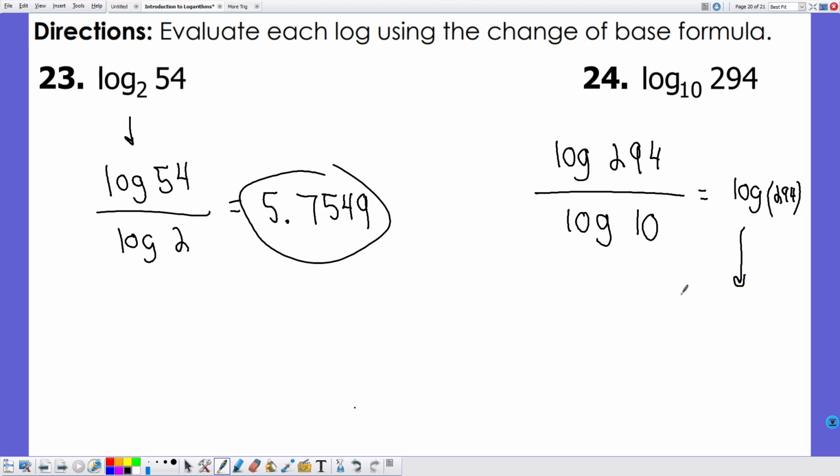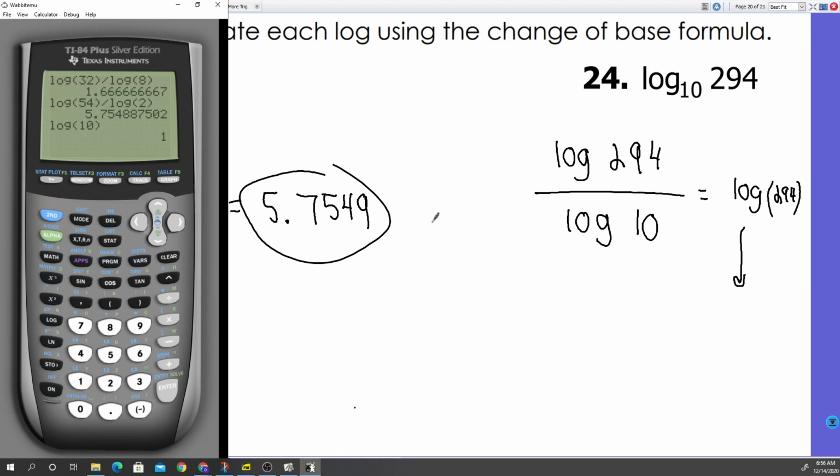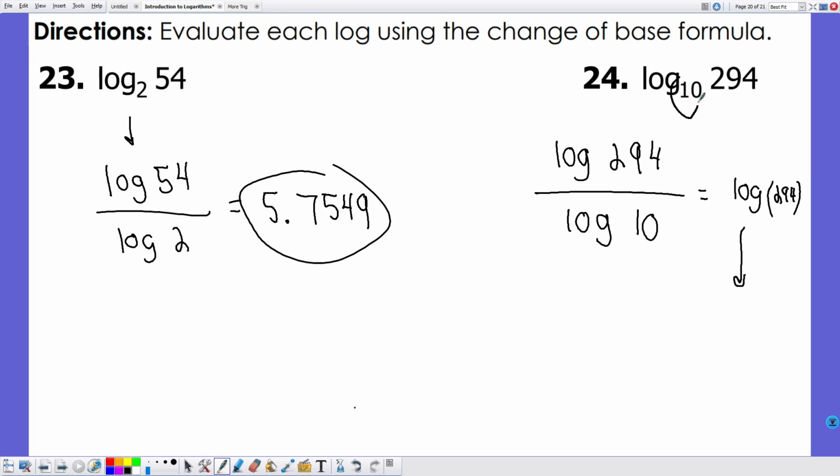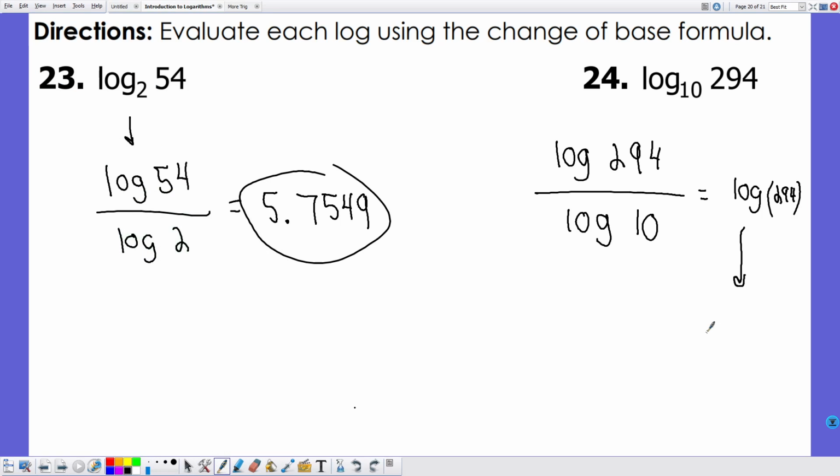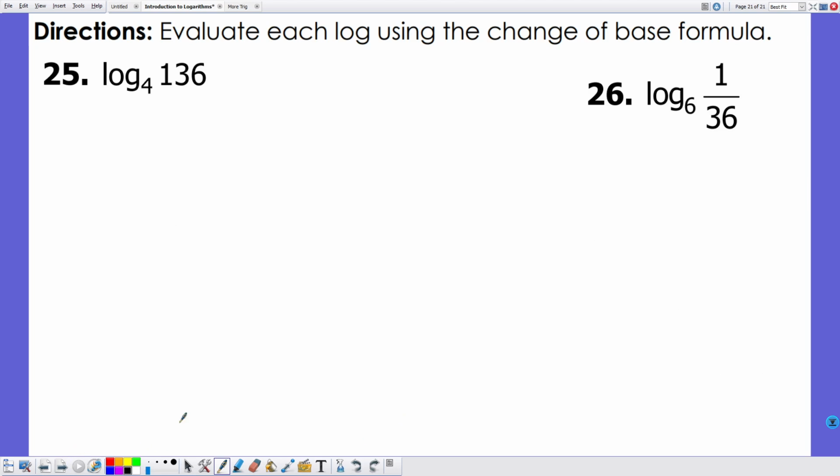But even that alone is just a headache to deal with. You could have seen that: oh, it's base 10, so you can just write it. So we're just doing log of 294, which is some crazy decimal, 2.4683. Wow, real cool. I think we get the point.